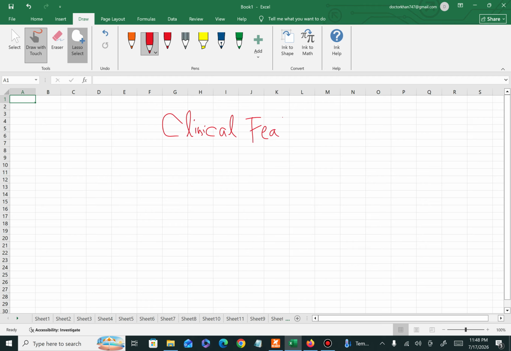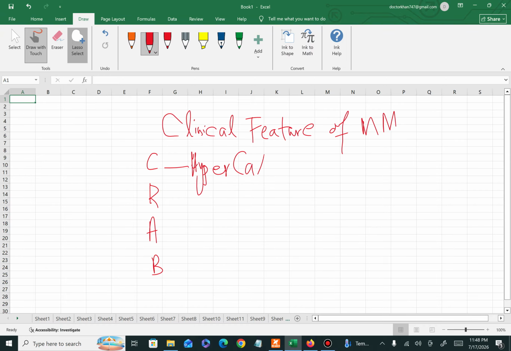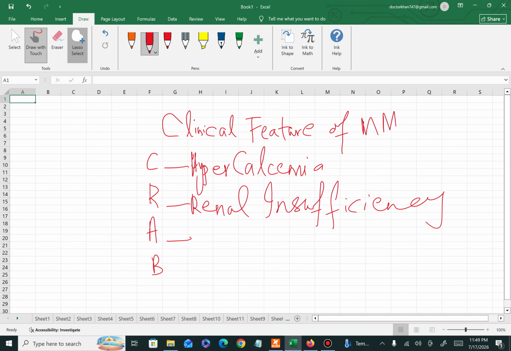The clinical features of multiple myeloma can be remembered by CRAB: C for hypercalcemia, R for renal insufficiency, A for anemia, and B for bone lytic lesions.